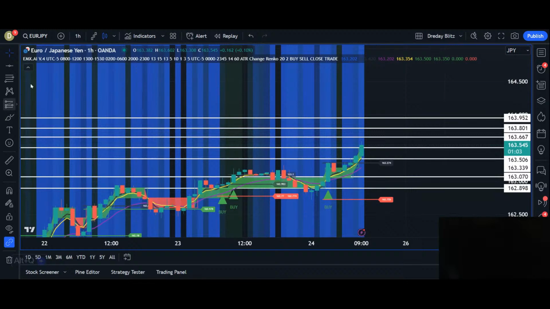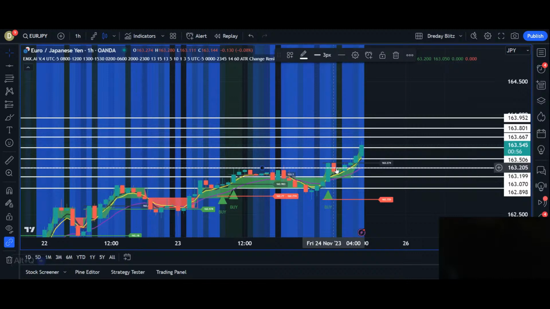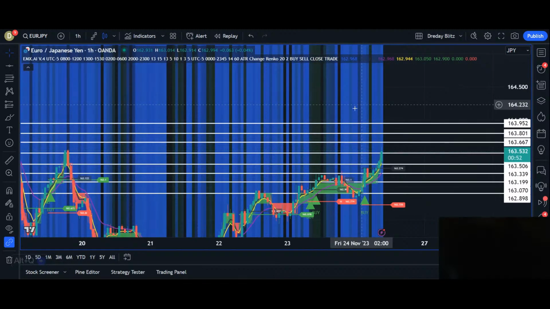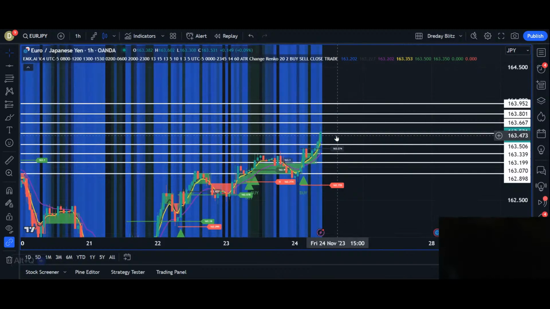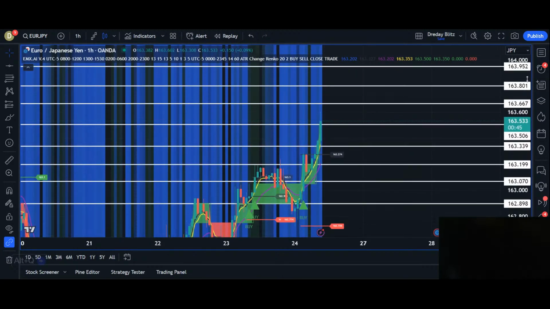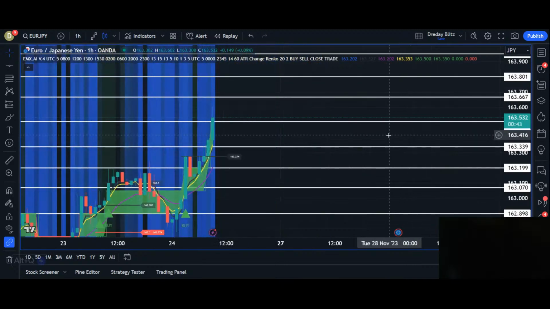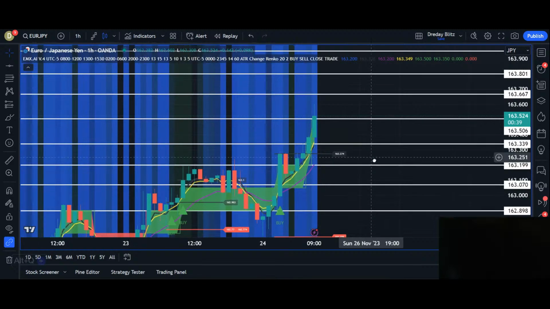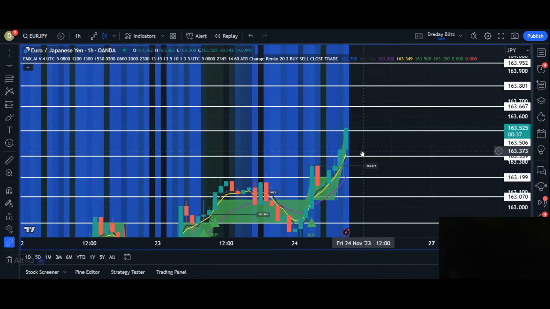And I'm gonna put another one here. So if we're expecting on the upside, you know exactly those prices here. I'm just gonna zoom in. So those are the zones here that the price needs to respect.